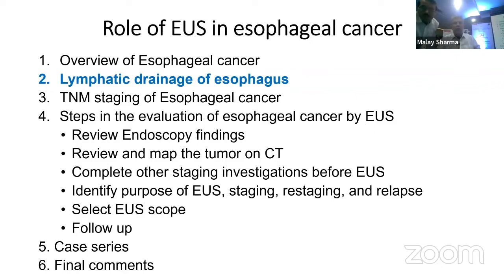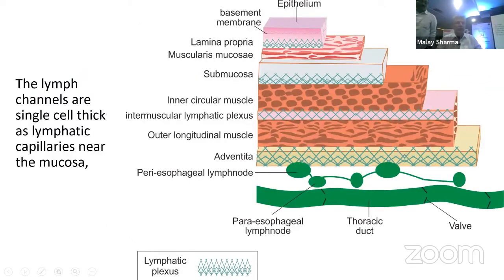So the lymphatic drainage of the esophagus is important. The lymphatic channels are single cell thick lymphatic capillaries.